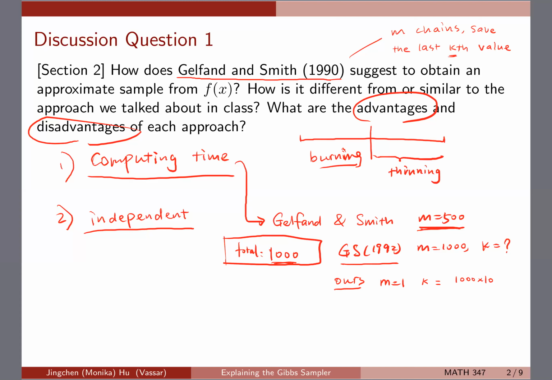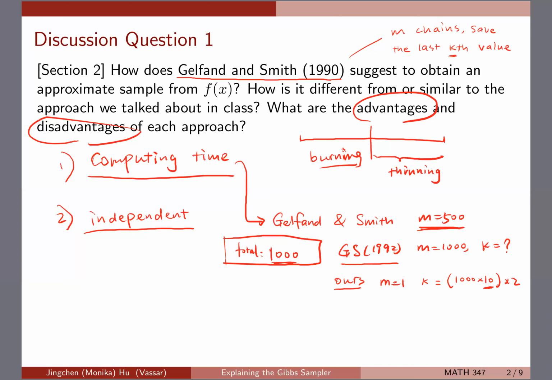I'm thinning every 10th draw, and I'm getting 1,000 times 10, which is 10,000 draws after the burn-in, right? And then I need to times 2 in order to finish the whole chain running, okay? And of course, that highly depends on this value of 10, because sometimes 10 might not be enough.